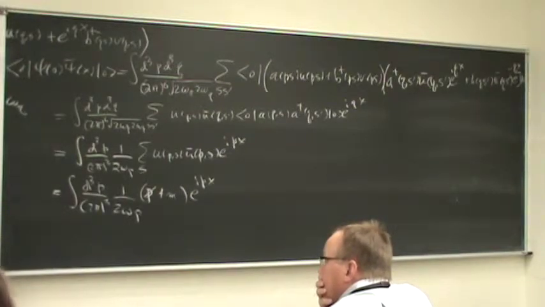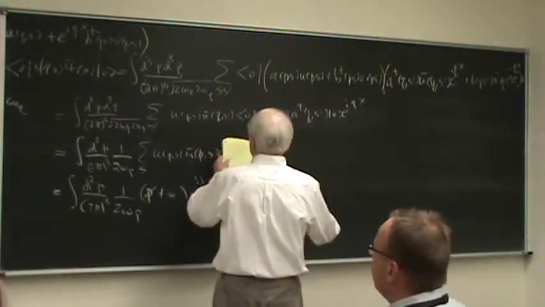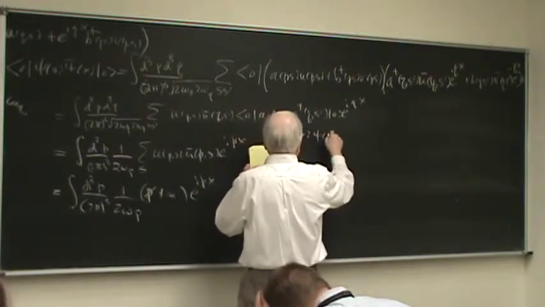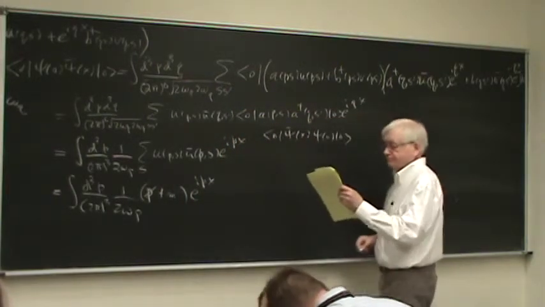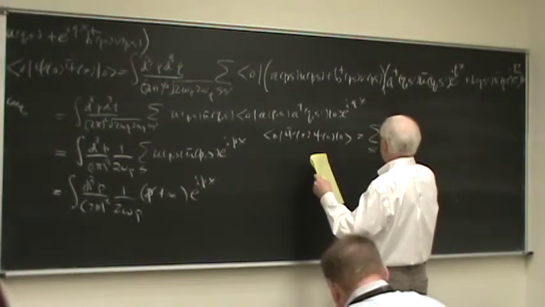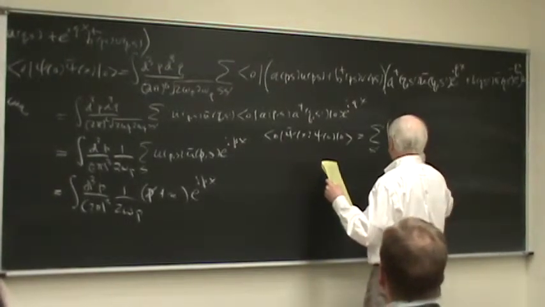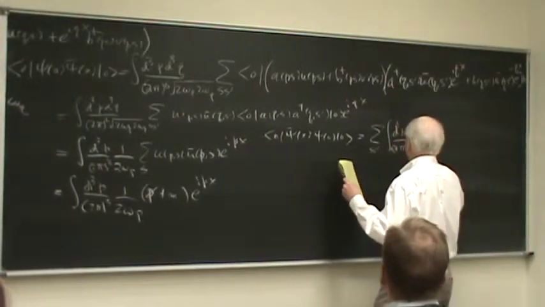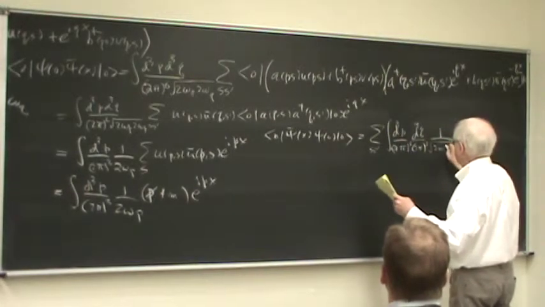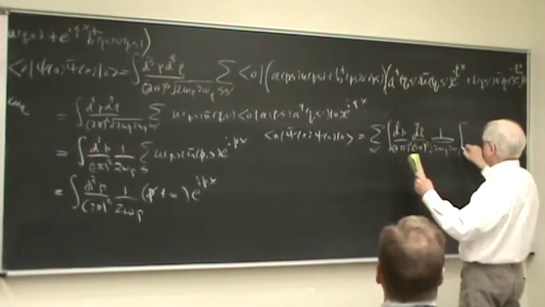Now what we want to do is compute the other one. The other one is 0, psi bar of x, psi of 0. And so this will be a sum over s and s prime, integral d cubed p d cubed q over 2 pi cubed, 1 over square root of 2 omega p 2 omega q.